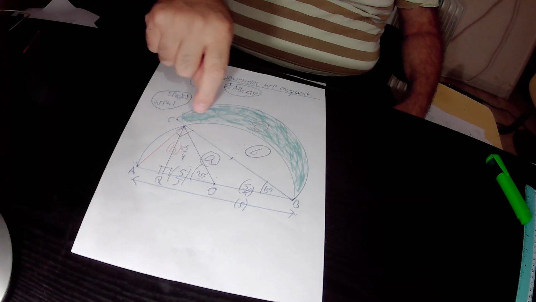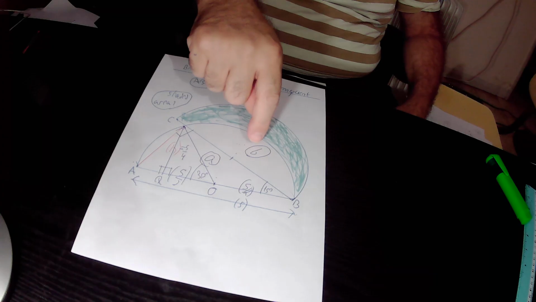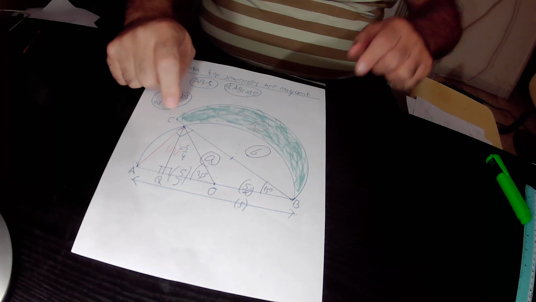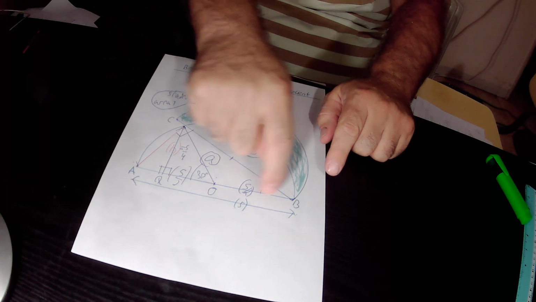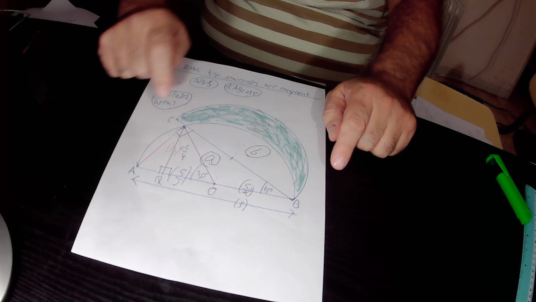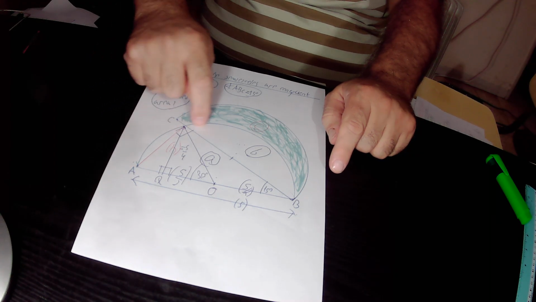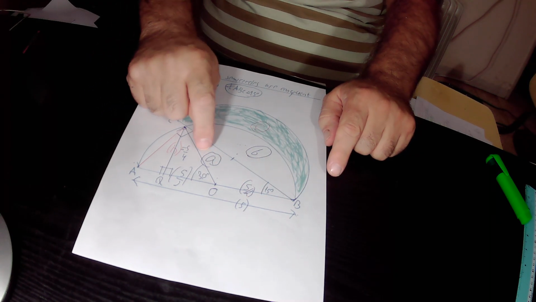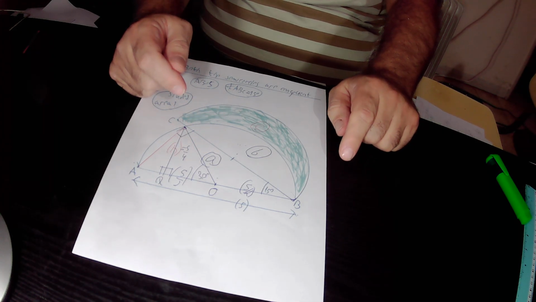We define the size of this shape, this small semicircle, as B, and we define the size of this third shape as A. So this shape APB is equal to A square inches according to our definition.